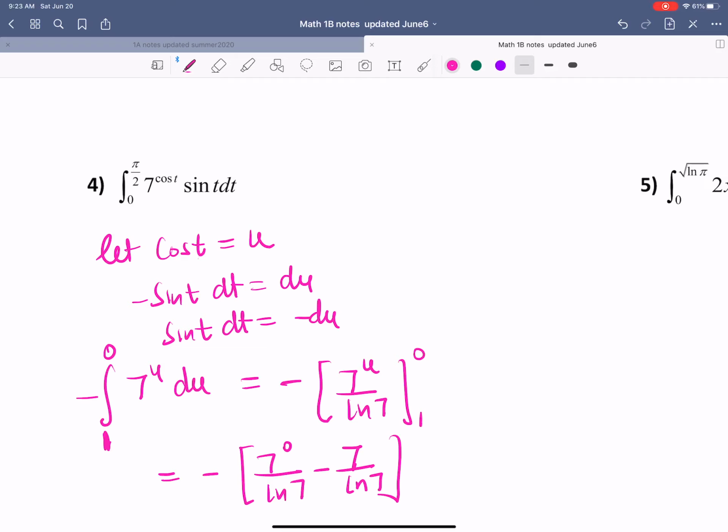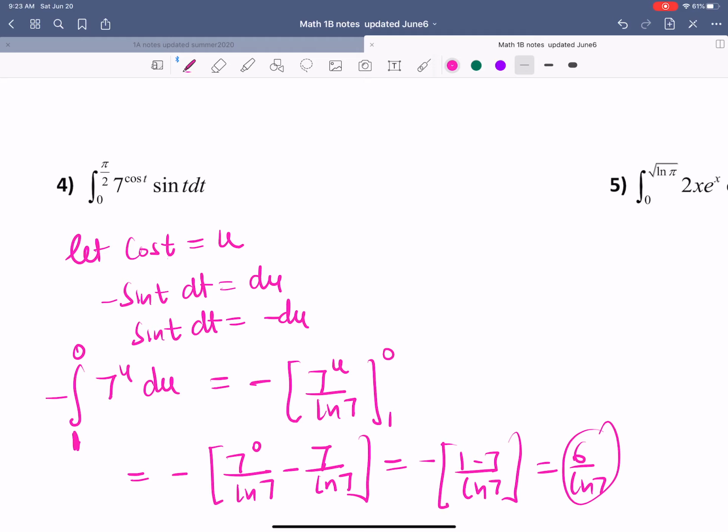So go ahead and simplify this, and that would turn out to be 1 minus 7 over natural log of 7, which is negative 6 on the top. The negative will make it a positive 6 over natural log of 7 is our final answer. That's what we're left with.